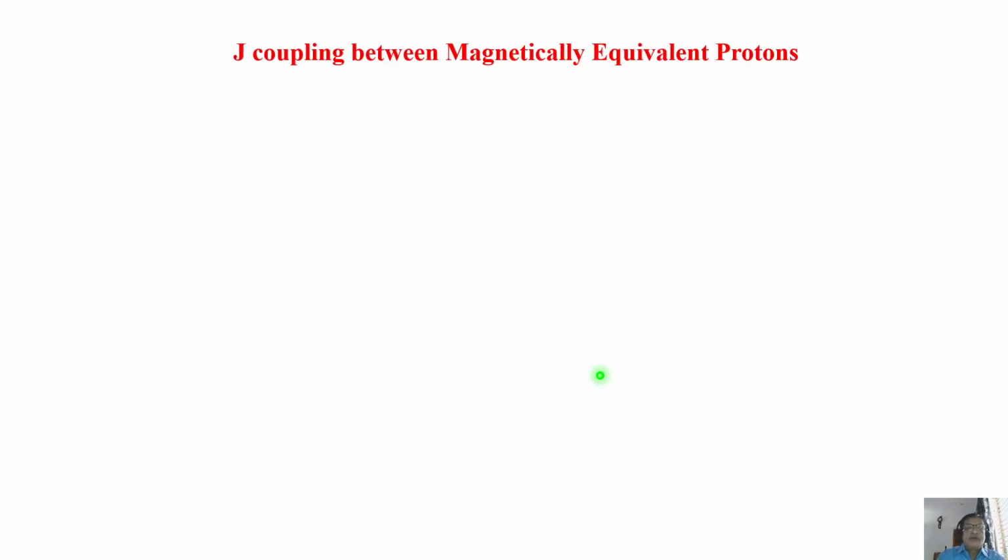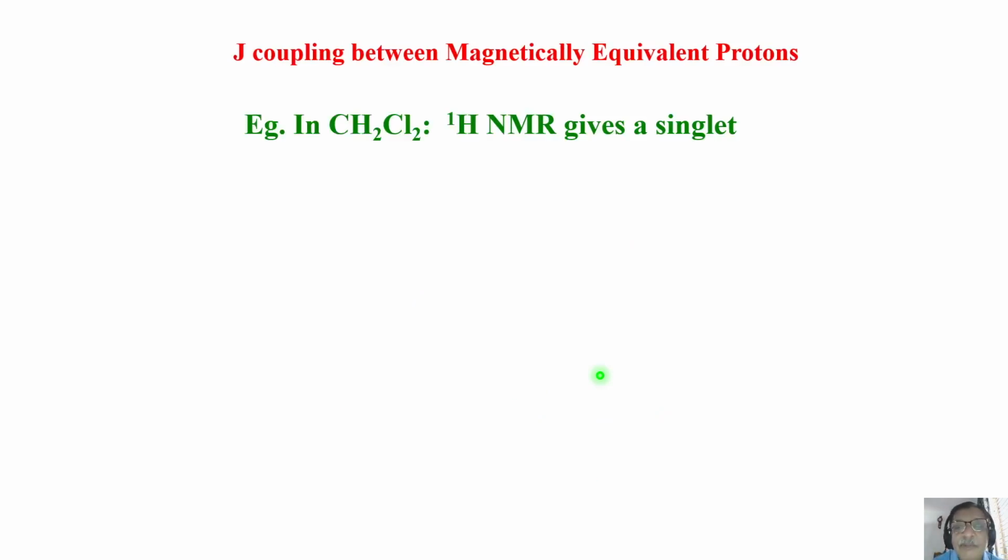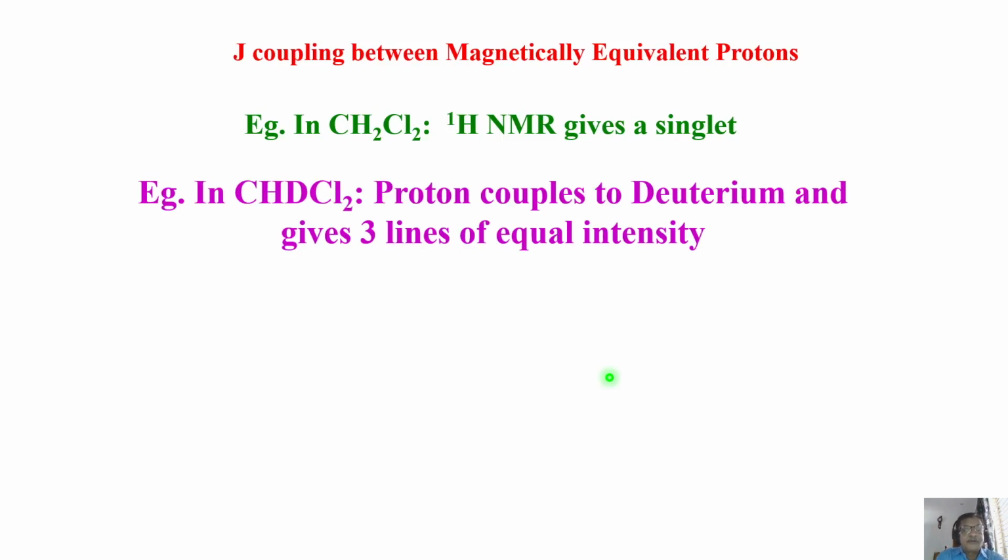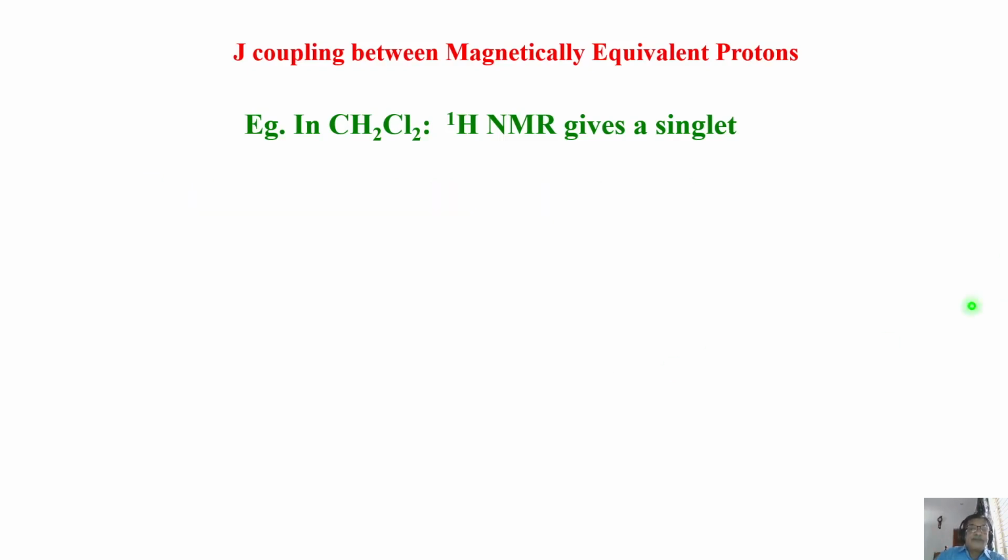Now we will see how to get the J coupling between magnetically equivalent nuclei in another simple example like this. This is CH2Cl2. Of course, I can bring in carbon-13 here and look for the carbon-13 NMR.